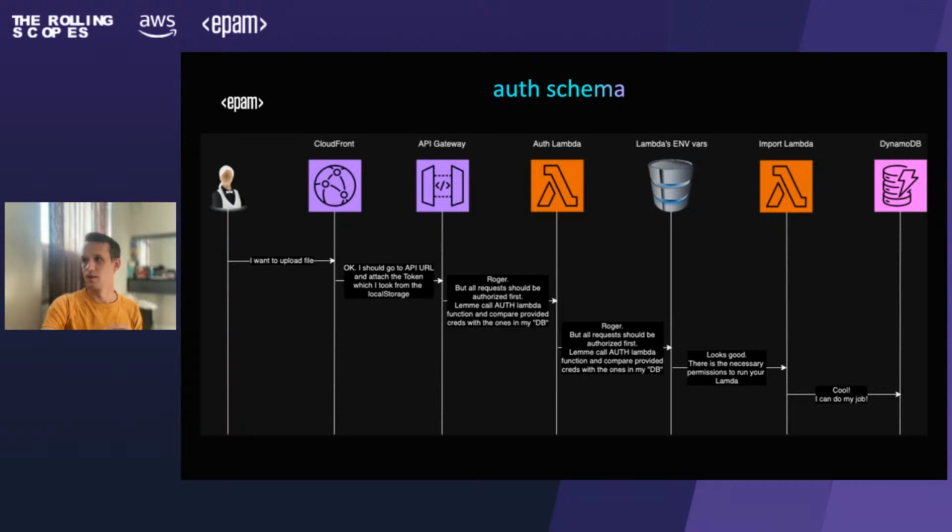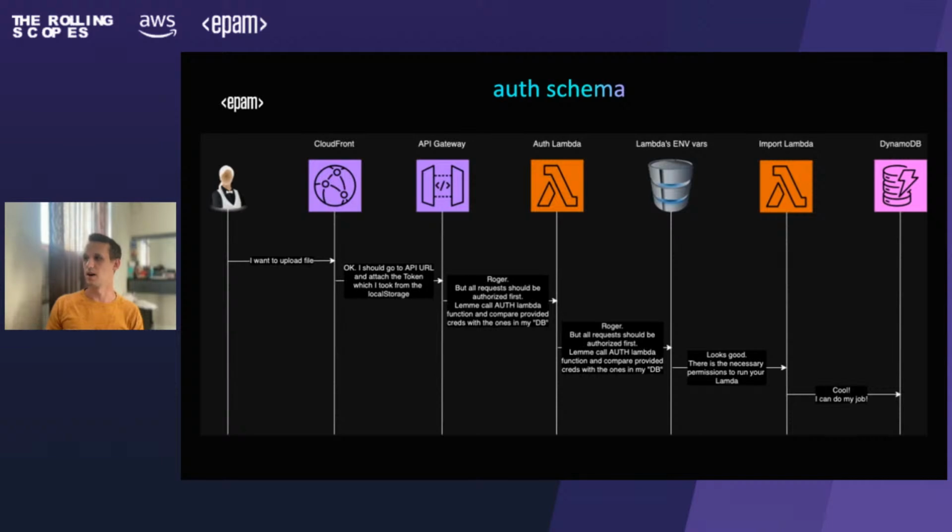So this Lambda just takes the provided token, tries to compare it with the one in the environment variables from itself, and if everything looks good, it just triggers another Lambda function, which is actually responsible for doing what it should do. So just to import this file and upload it to the S3.